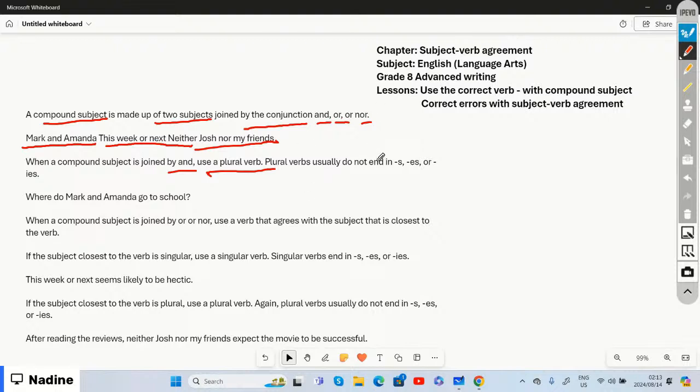And if we look at plural verbs, they usually end in s, or they end in es. Or sometimes, depending, they end in ies. An example of a word that ends in ies is one baby, two or more babies. That is basically to show that a plural will end in ies.